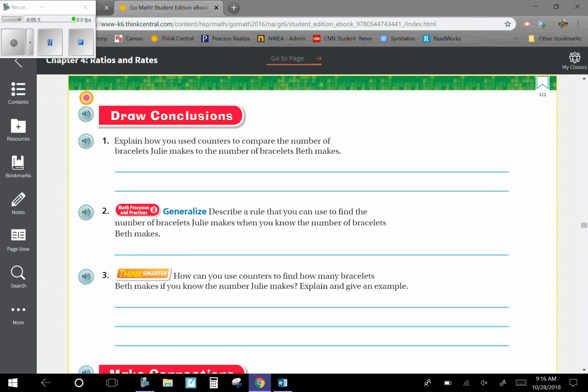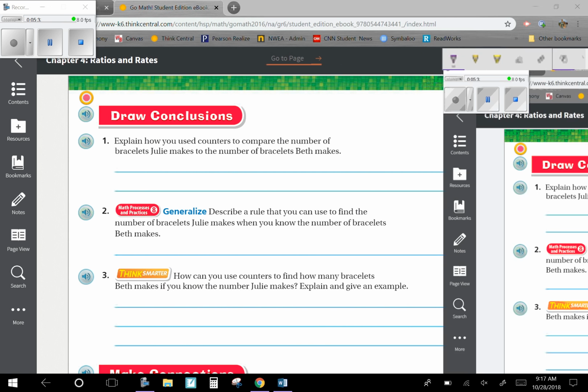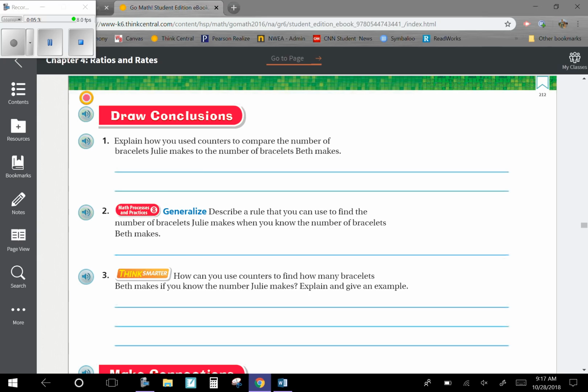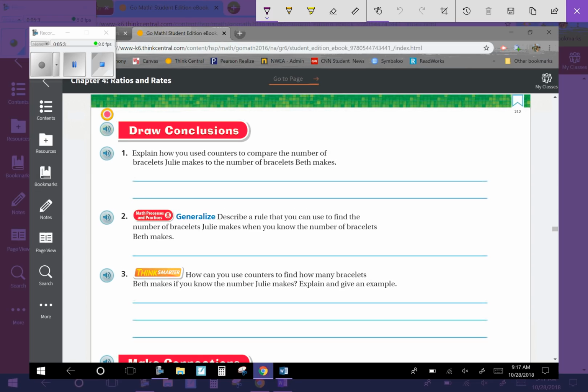Generalize. Describe a rule that you can use to find the number of bracelets Julie makes when you know the number of bracelets that Beth makes. Okay, so the ratios that I had were 3 to 1, 6 to 2, and 9 to 3.